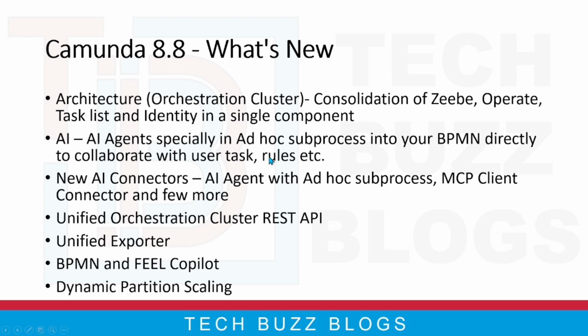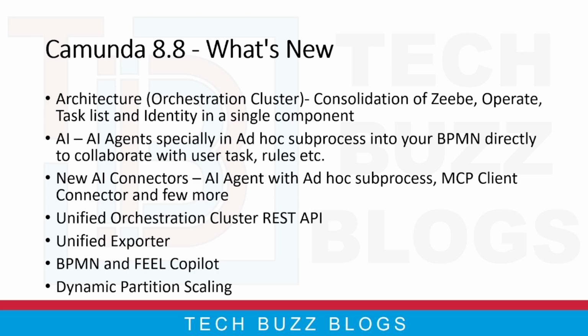So what are the changes they made? What is new for our actual topic? The first one I would say is architecture. Camunda 8.7 and below follow a different architecture, and 8.8 and above follow a bit different architecture.